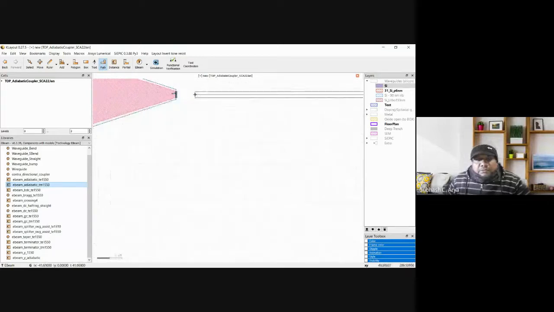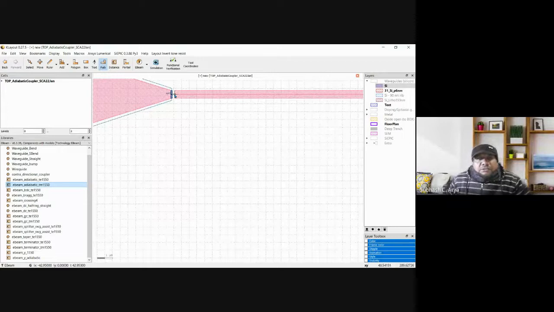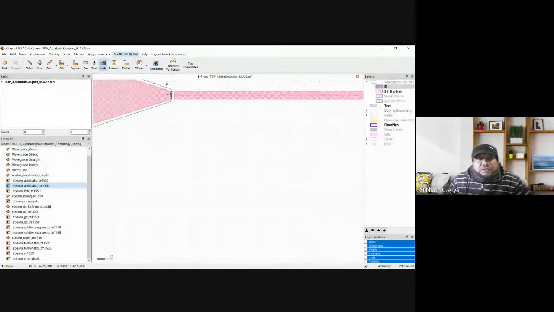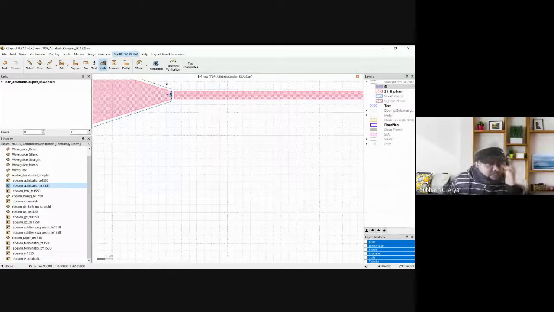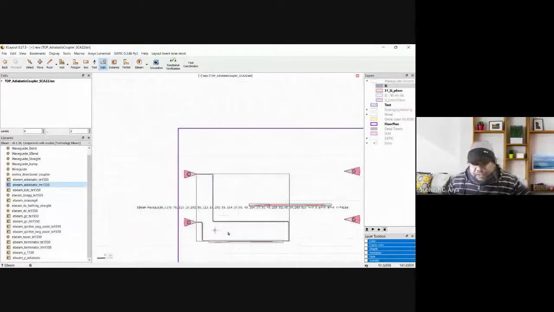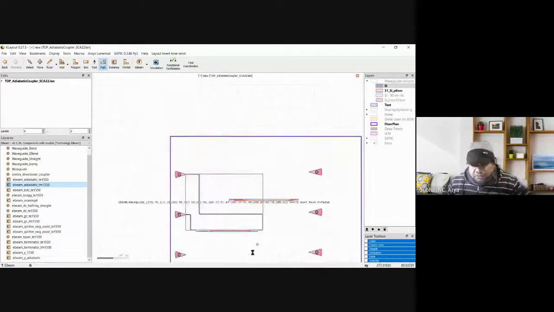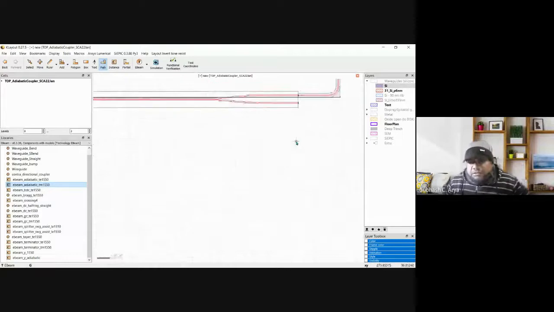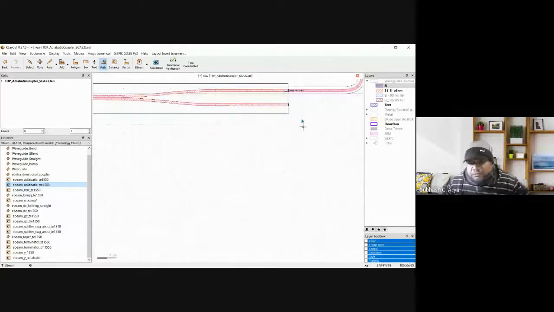Here I will put photodetector number 1. Go to this waveguide, path to waveguide. This W is the command which we can also use, W to connect. And now the third output, which is here, the fourth port basically.